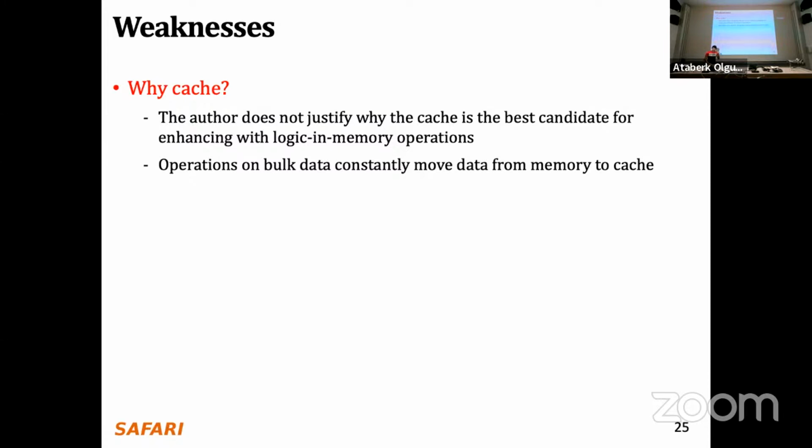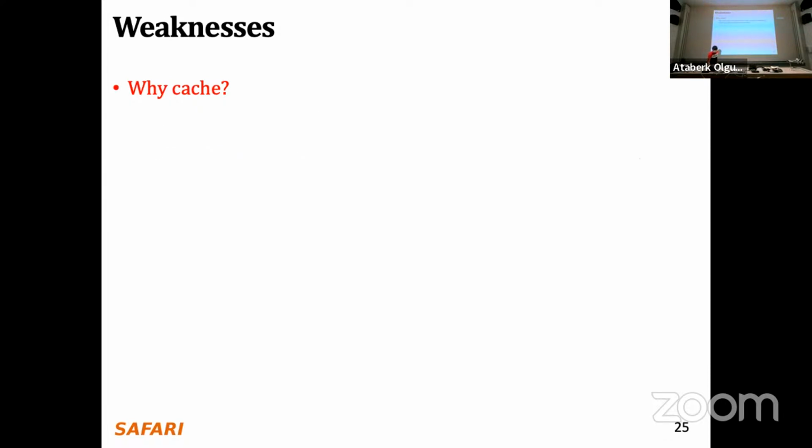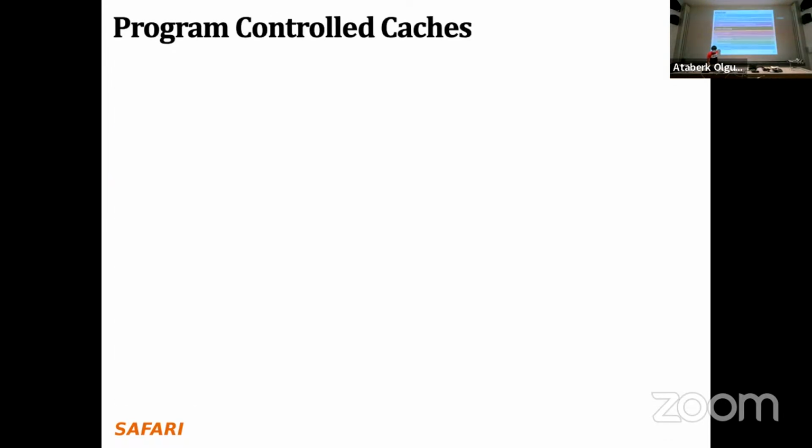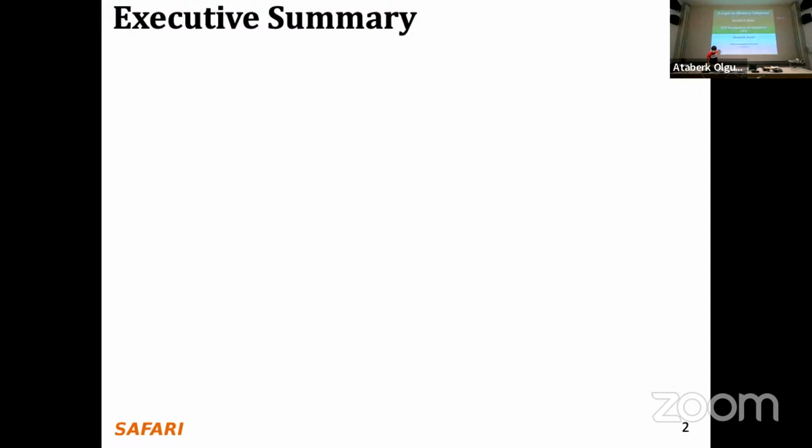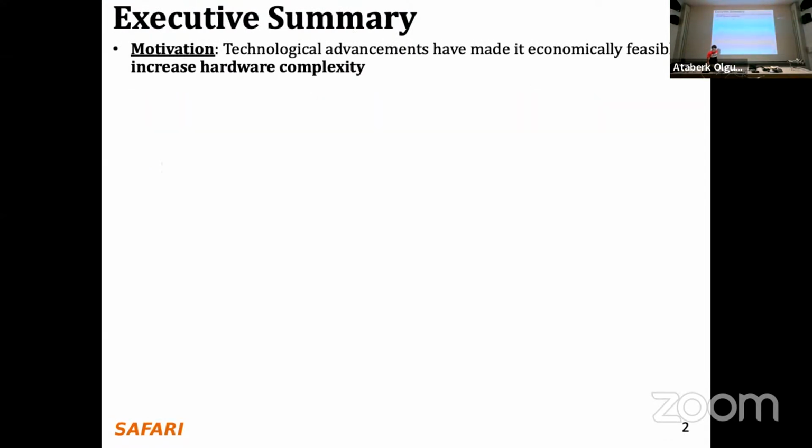Yeah, no, I don't think so, actually. I think they really do care about the price, because the author also talks in the paper about it. If I go back to the executive summary at the very beginning, this might take a bit of time. Technological advancements have made it economically feasible to increase hardware complexity.